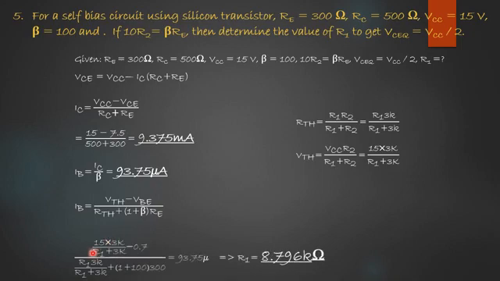So the only unknown in this expression is R1. We also have found IB. We substitute for VTH and RTH here, and rearranging, we get the value of R1 to be 8.796 kilo ohms.